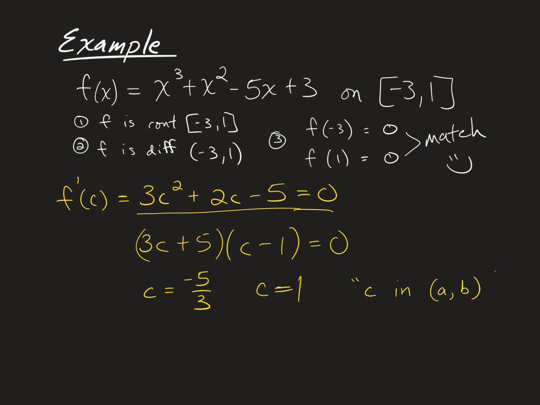This is what it says in both. So the open interval (a, b) here would be (-3, 1), which we've already looked at back here. But this one is not in the open interval. We cannot include it in our answer. So in this case, the only one we will have is -5/3. I hope this video helps you out. Good luck.